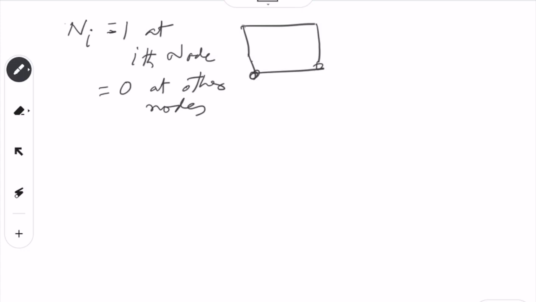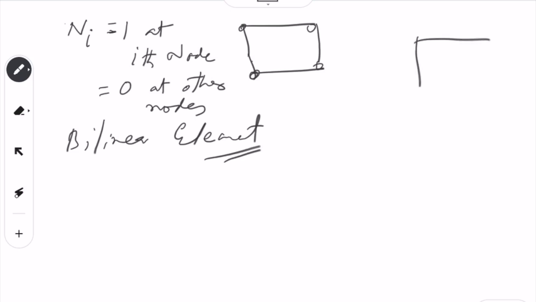Now, what kind of function can it be? The simplest one, we can have what we call a bilinear element also, meaning that we can write this like that we have defined something like this.